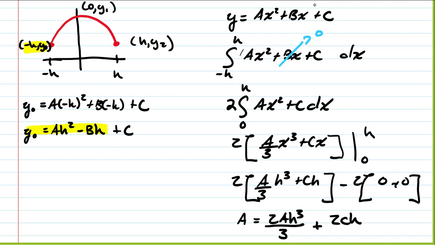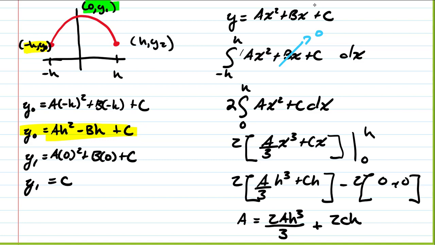So that's this guy. y1 is going to be, when we input 0, a times 0 squared plus b times 0 plus c. Well, that one works out to be y1 has to be equal to c. Right?